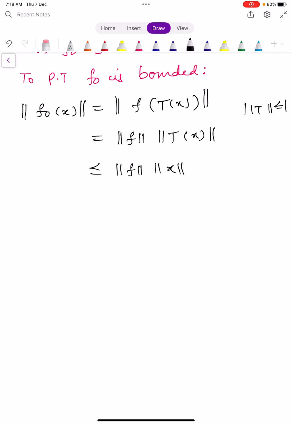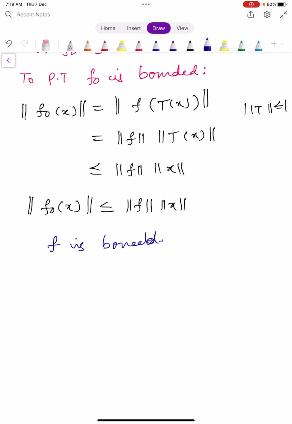So this condition shows us norm f naught of x is less than or equal to norm f into norm x. And we know that this f is already a bounded functional. This shows us f naught is also bounded.